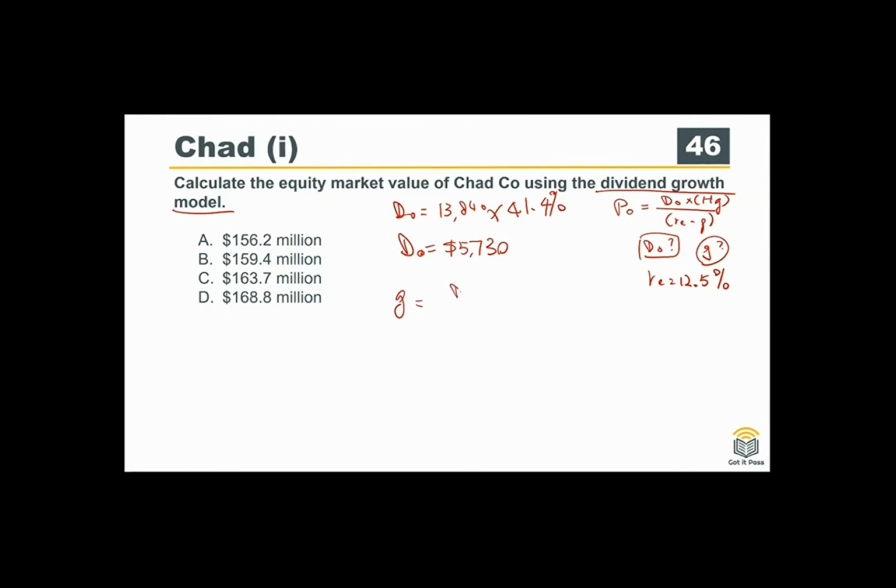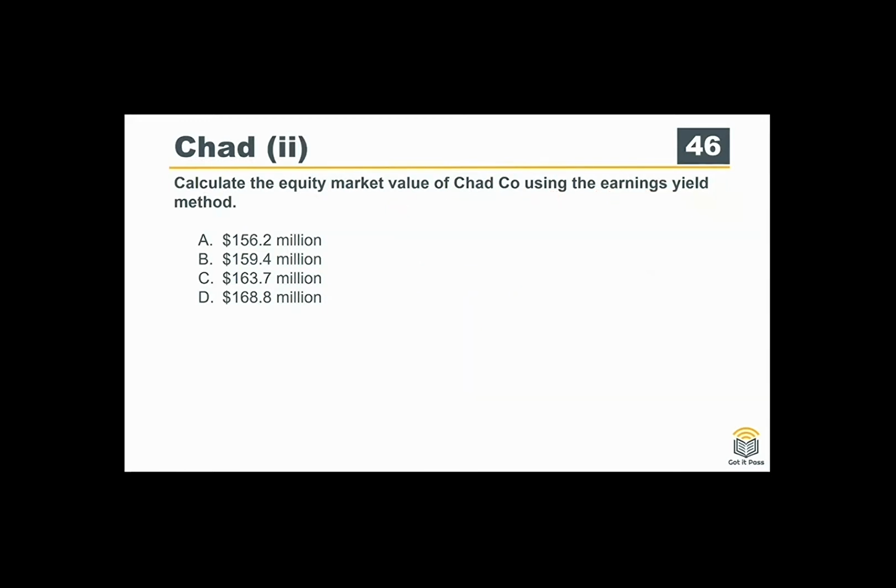It is D0 divided by D minus 1, which is last year, minus 1. And we know that D0 is 5,730 divided by the dividends paid last year, which is 13,200 times 40%, minus 1. So what's the answer?